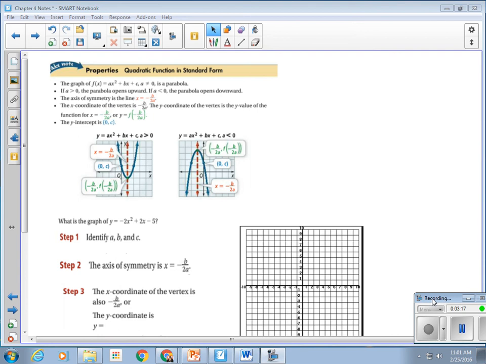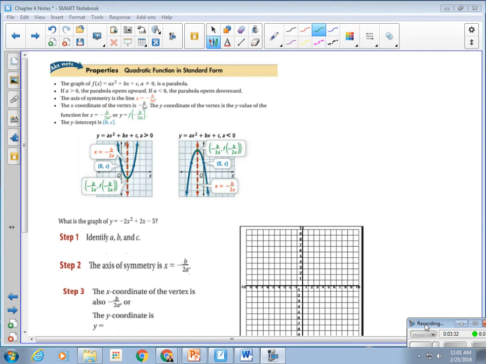All right, so now we are going to do that same skill using algebra instead of a graphing utility. When we have a graph, the axis of symmetry, so make sure you highlight this real big, is negative b over 2a. So you have to identify a, b, and c so that you can find the axis of symmetry.